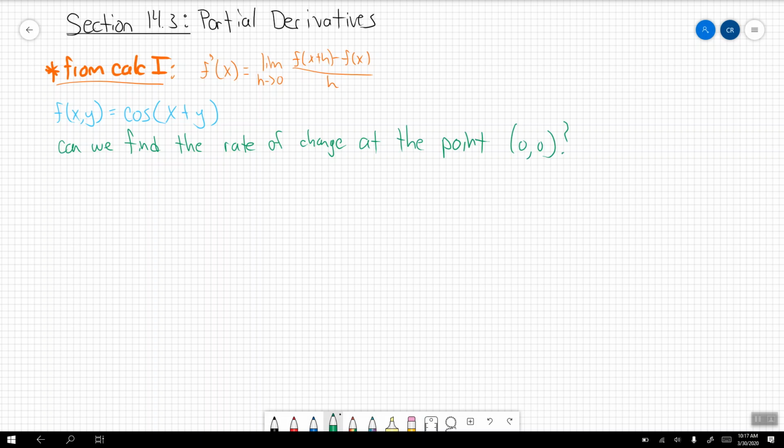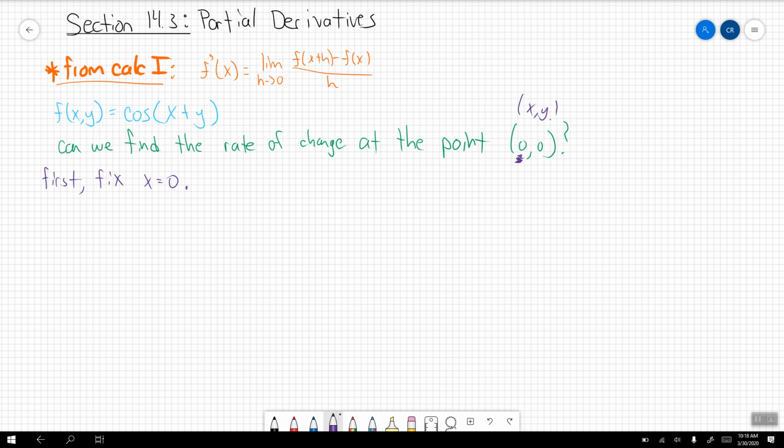Now, when we're looking at this, we have to say, okay, we're dealing with a multivariable function. In other words, we have this function that has both x's and y's embedded into it. So we're going to take an approach and say, yes, we can do this, but one thing we need to do first is fix a coordinate. First, we're going to fix x is equal to 0, specifically because we have an x is equal to 0 on this coordinate here.